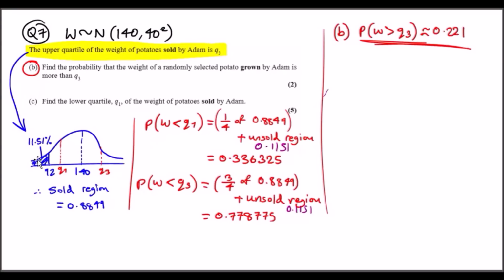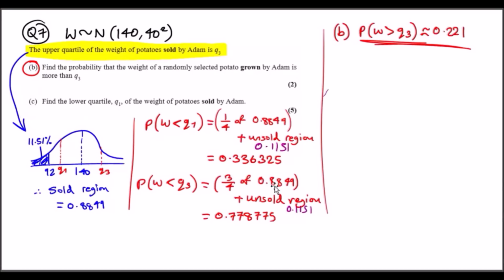We know from part A that the unsold was 11.51%, which is less than 92. Now they want us to find Q3 of the sold, which is the white region. So we need to basically take 3/4 of the area of the white region, and the area of the white region is 0.8849. That's 1 minus the unsold.